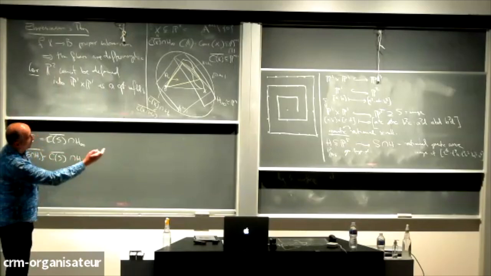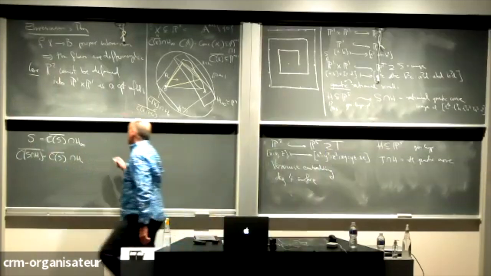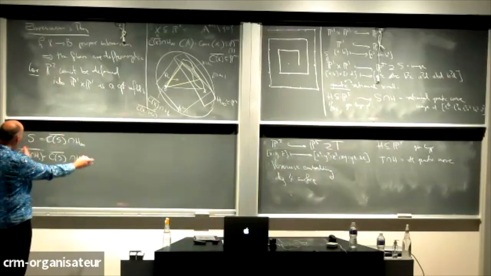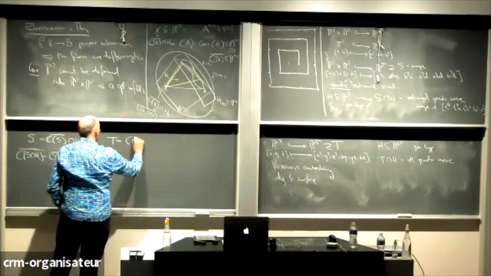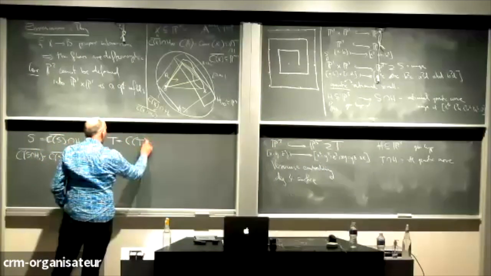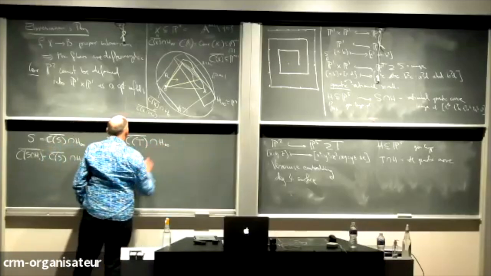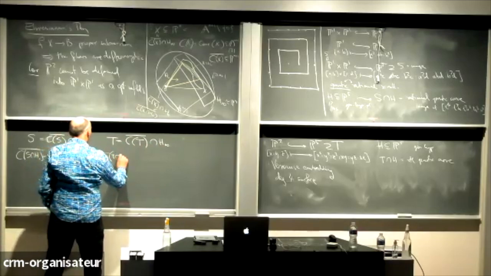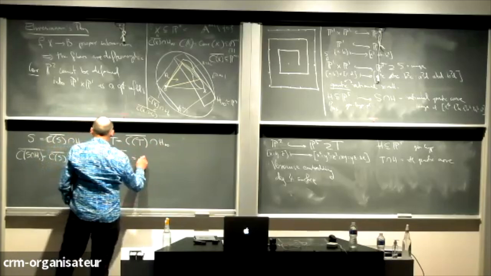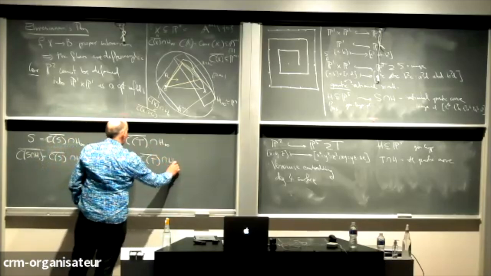Okay, now let's do the same for T. It's really exactly the same. So I'll just copy this. So T is the projective cone over that T intersected with H infinity. And then the projective cone over T intersect H0 is the projective cone over T intersected with H0.